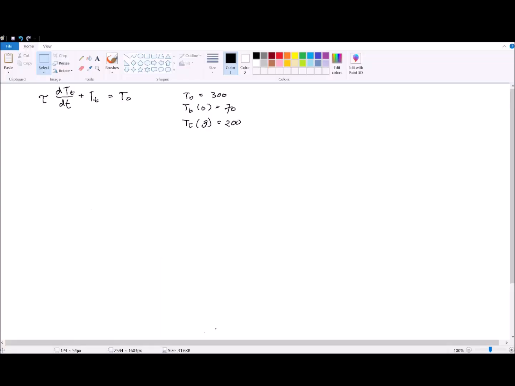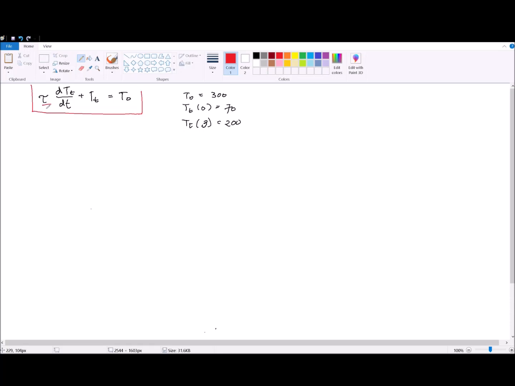Okay, this is the model of the mercury glass thermometer. It is represented as a first order differential equation where T naught is the input, the temperature of the entity you are going to measure with this thermometer, and T sub t is the output of this thermometer.